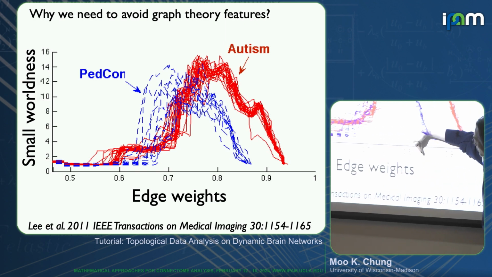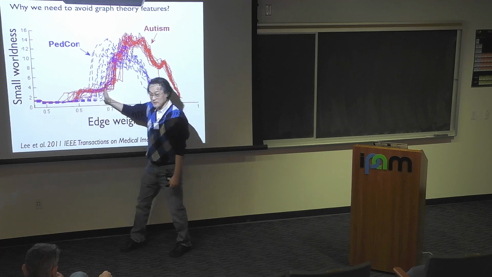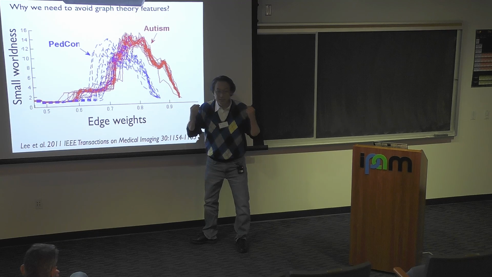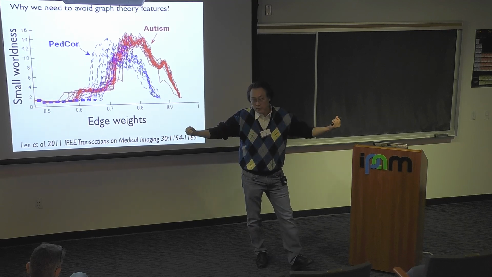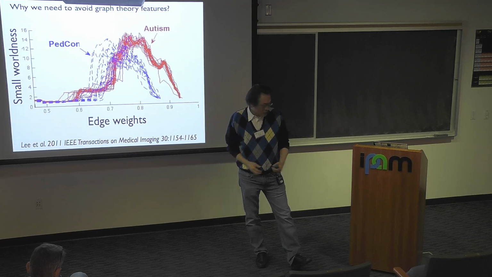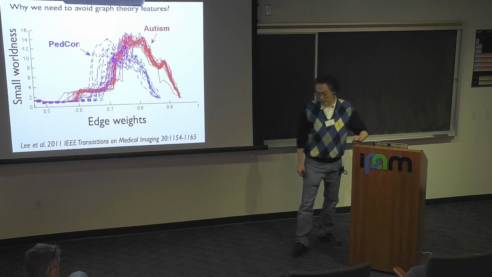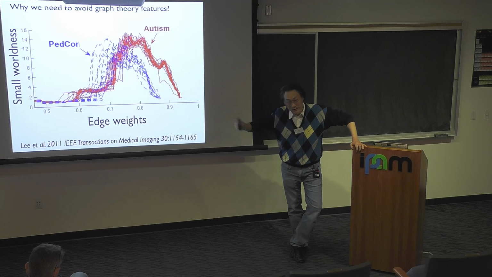Every threshold we're going to apply, then you get information here, information here, and integrate them together. That's what topological data analysis does. Topological data analysis is the end game of graph theory. As far as you know, all the graph theory people in network science right now are going to topological data analysis.